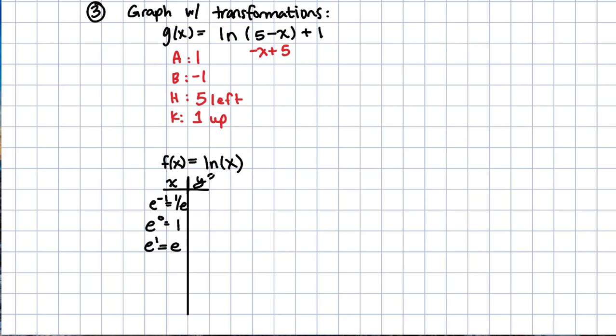So the x values that I'm going to choose are 1 over e, 1, and e, because I can see all the powers applied to my exponential. Now computing the log is easy because log just asks the question, what power? The power on 1 over e was -1, the power on 1 was 0, and the power on e was 1.